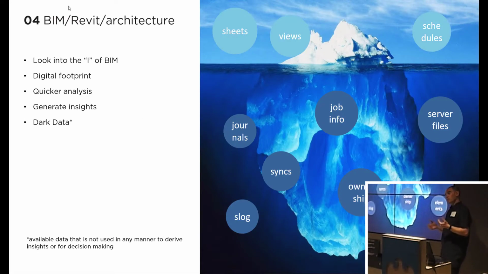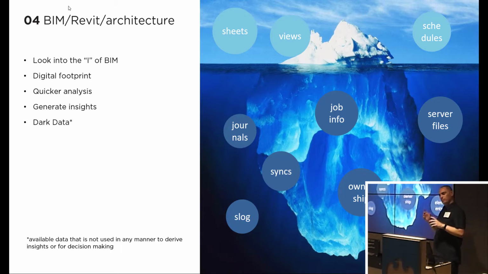Now, what can these types of tools represent for us, for people working in BIM, Revit, in architecture, as a business? So these business analytic tools, as you saw, allow us to have a different look into the I of BIM, which is the information bit, the metadata, the data that we generate as we work, and that our models are full of.